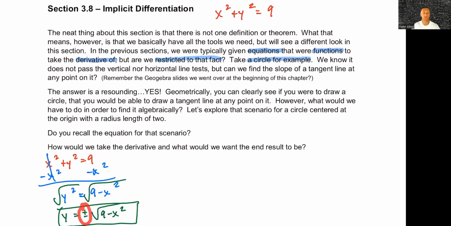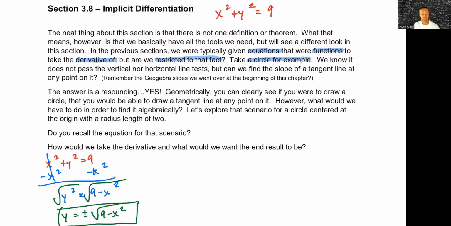We were tasked with differentiating this original, what is called implicitly written, not explicitly written, equation. And the problem is we got this plus or minus in front. There's actually two cases that we would have to take the derivative of, and we'd have to rewrite this square root as a 1/2 power. And now it's a power chain rule, and we're going to have to do it for both the positive and negative.